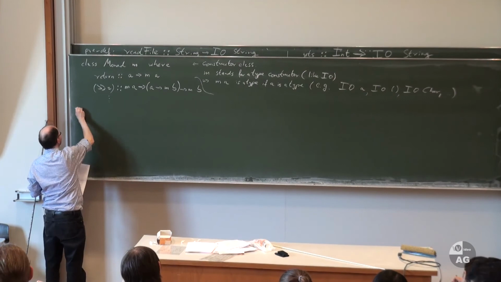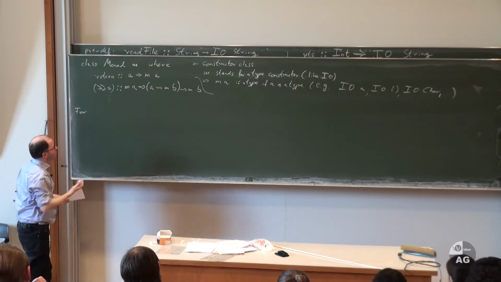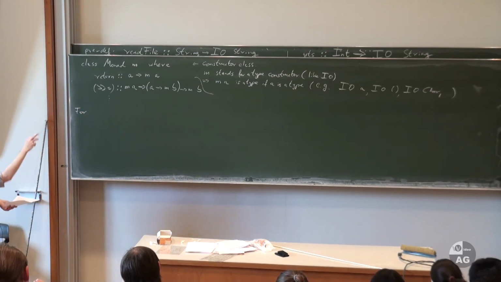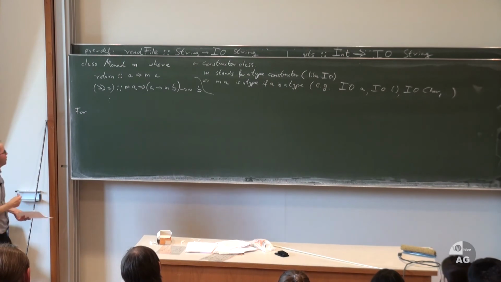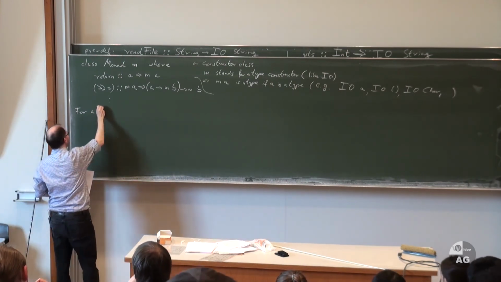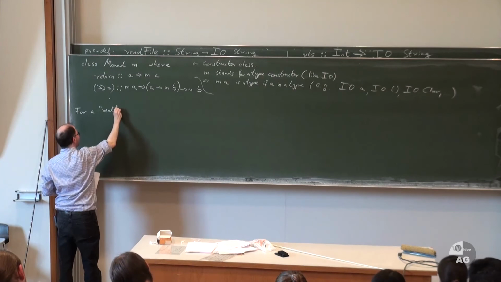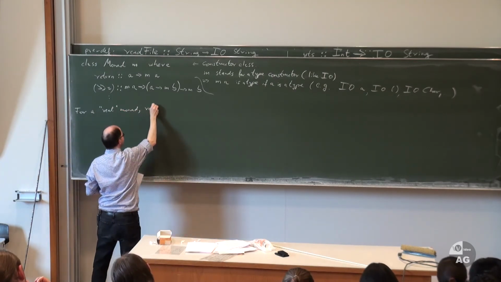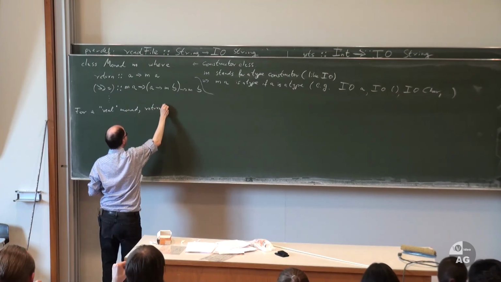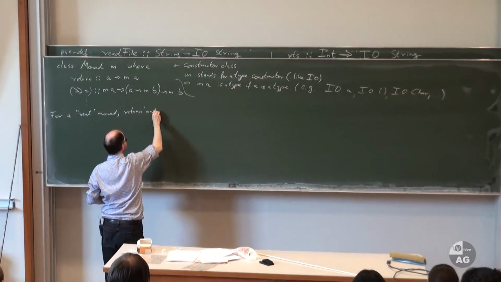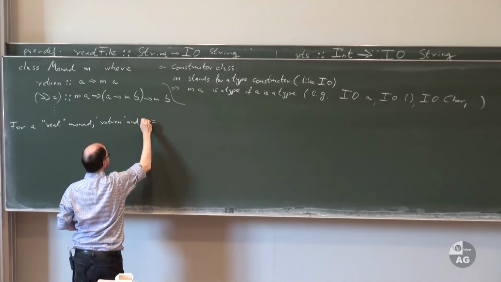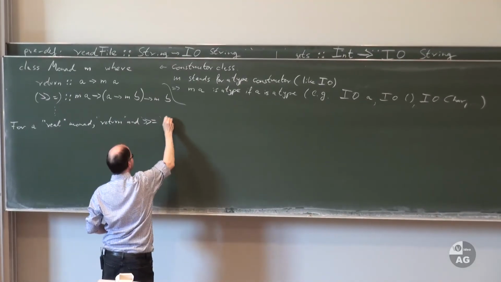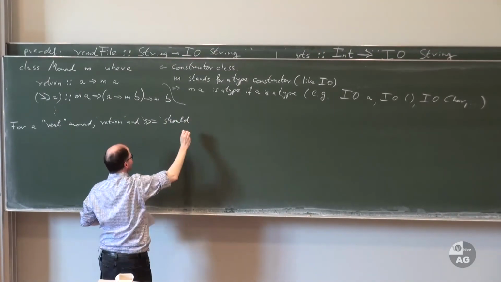And well, for monads, three properties should be satisfied. That's what I wrote up there. It's a data structure with certain properties. For a real monad, return and bind should be implemented in the right way.